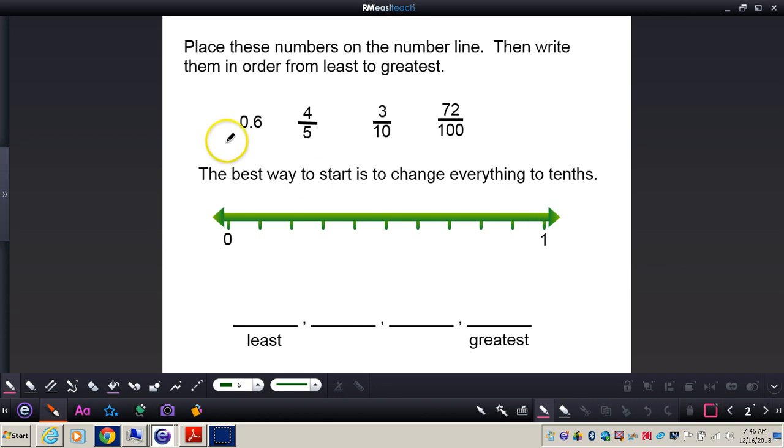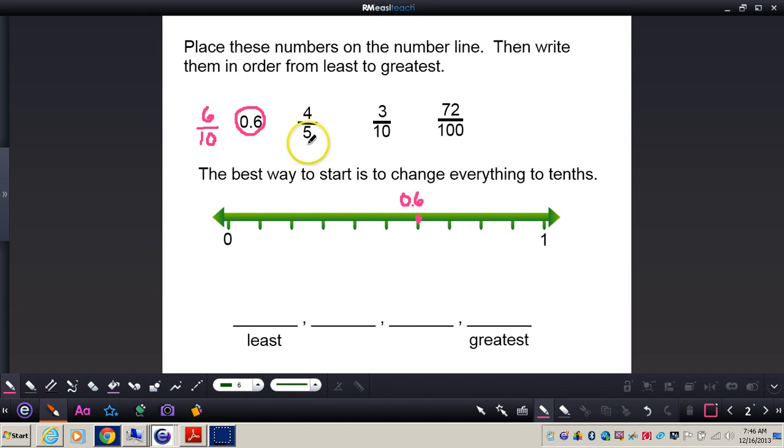Now 6/10 is very simple. Since this is divided up into tenths, this 0.6 also equals 6/10. So we have 1/10, 2/10, 3/10, 4/10, 5/10, and 6/10. We'll put our point here, 0.6.